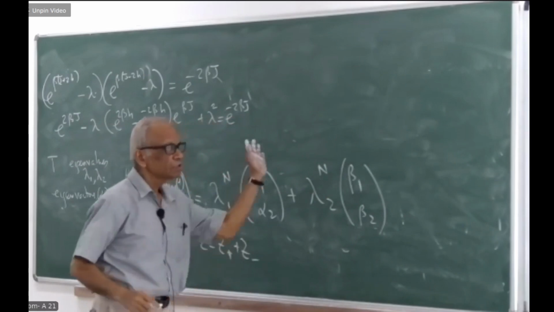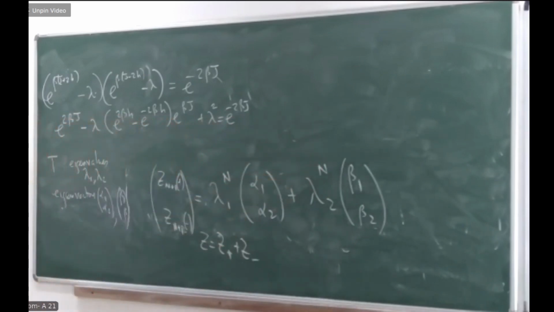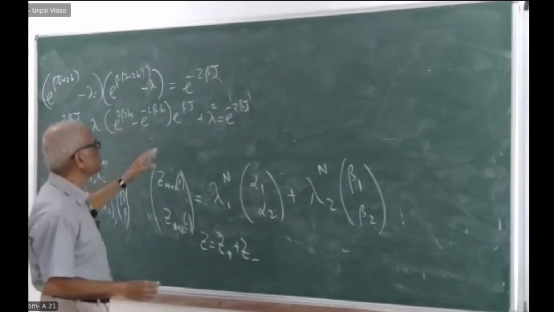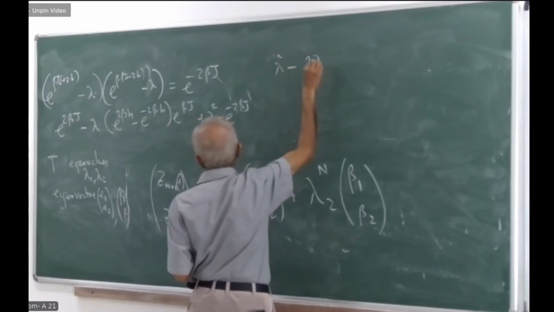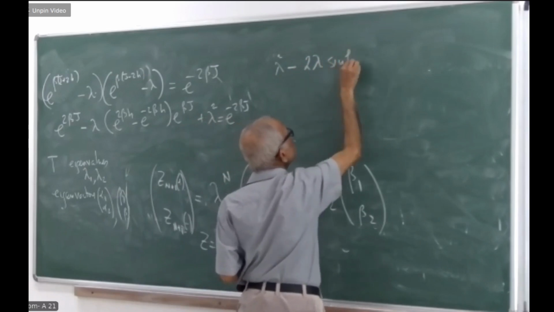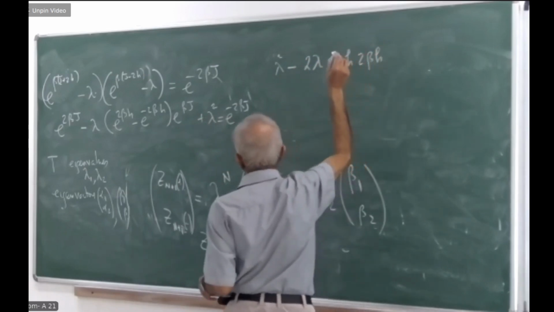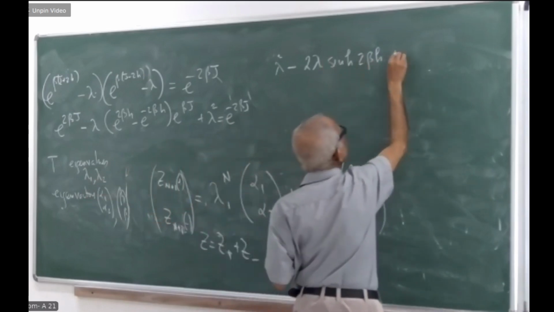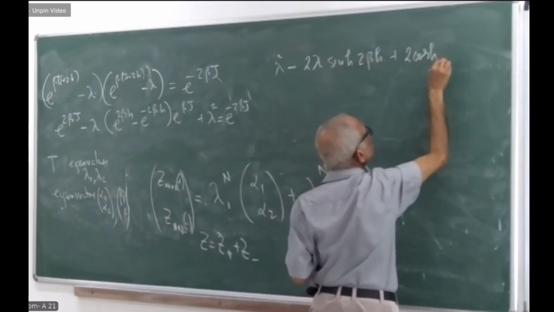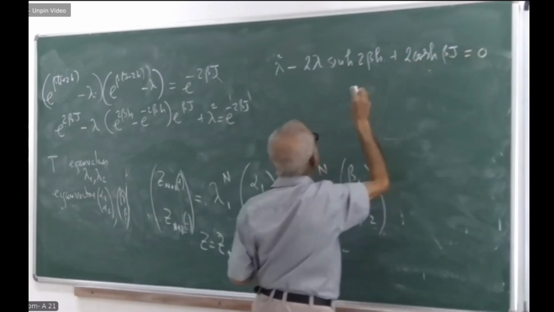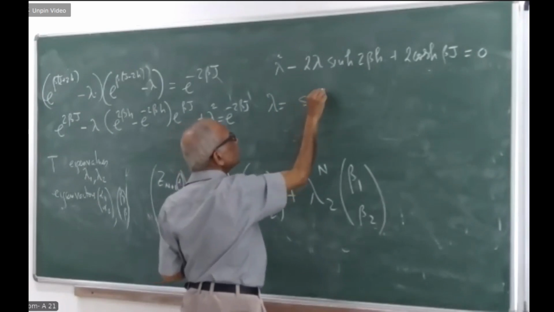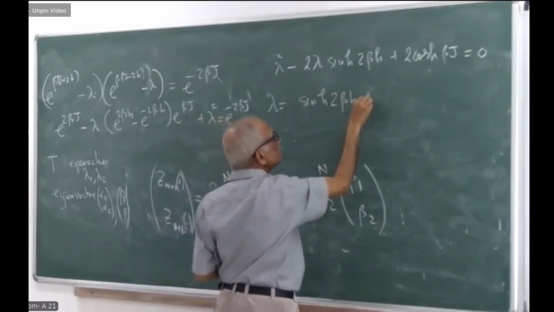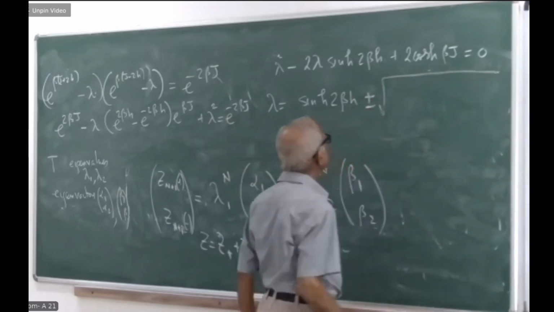That one needed was a blackboard instead of a whiteboard over there. So it is lambda squared minus 2 lambda sinh 2 beta h plus 2 cosh beta J equal to 0. Lambda is equal to sinh 2 beta h plus minus square root.